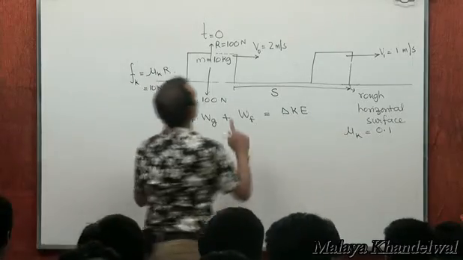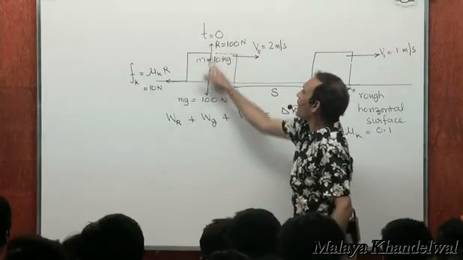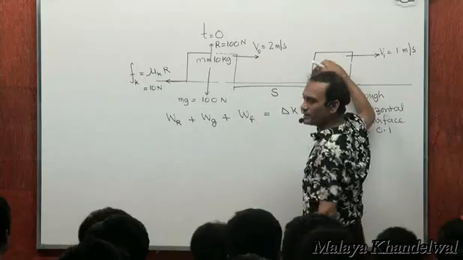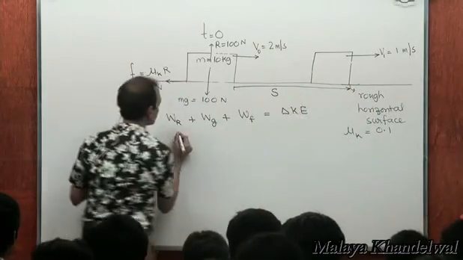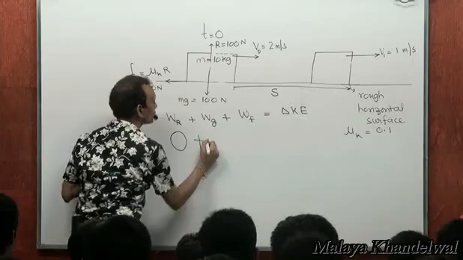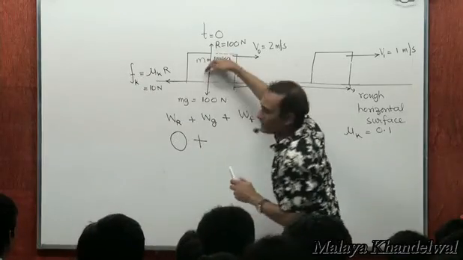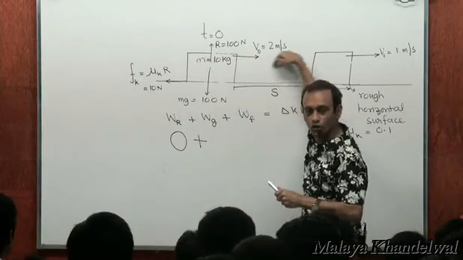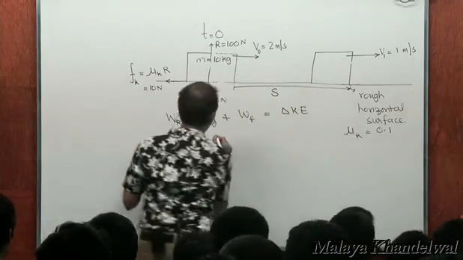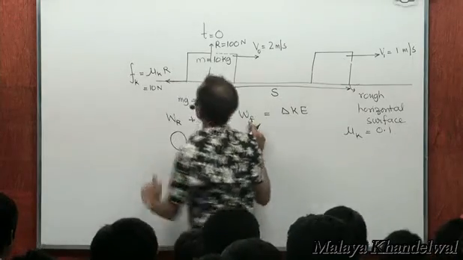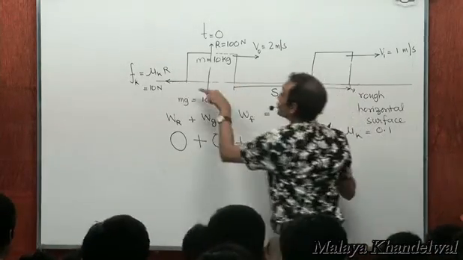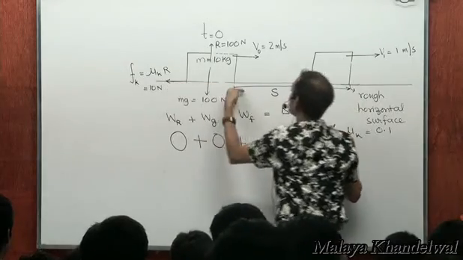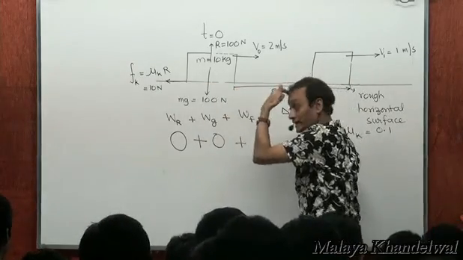Now, what's the work done by R? Because R is this way, and displacement is perpendicular to R, the work done by R must be 0. What's the work done by gravity? 0, because the force is perpendicular to displacement. What's the work done by friction? Minus 10 into s, because the angle between this force vector and this displacement vector is 180 degrees.